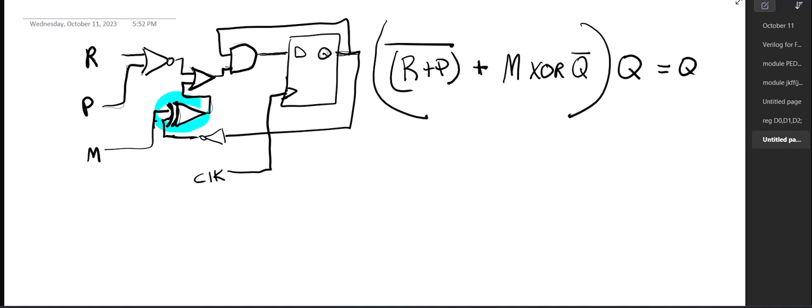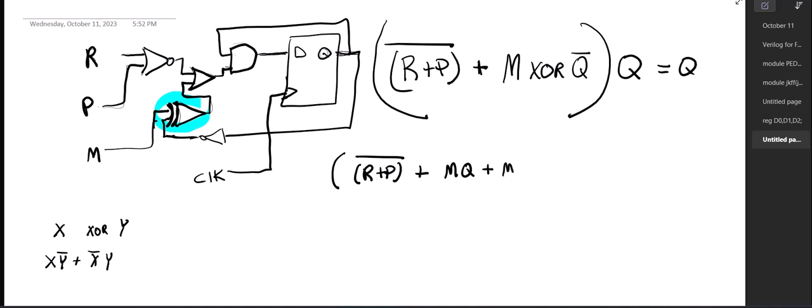Okay, so let's simplify this. So I have (R or P) not, plus M exclusive OR Q. If you remember an exclusive OR, if I have X exclusive OR Y, that's the same as X Y bar or X bar Y. So in this case, if Y is Q bar and X is M, then X Y bar is M Q bar bar, plus M bar Q bar.